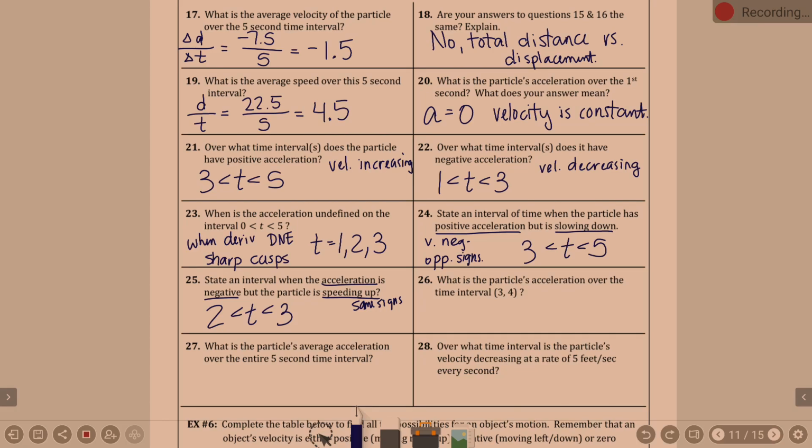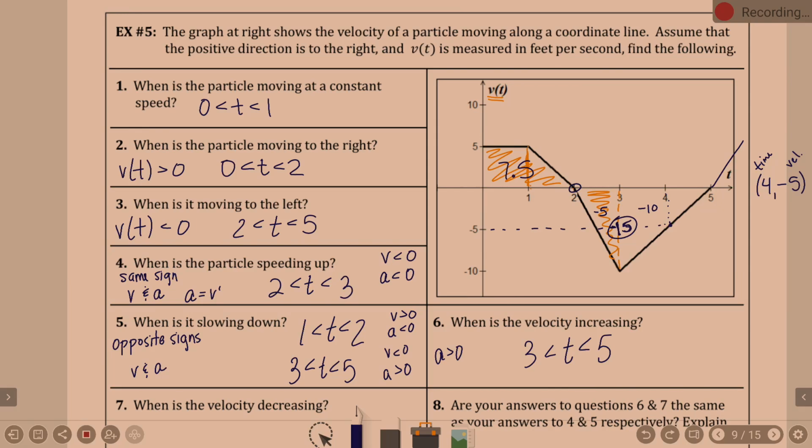What is the particle's acceleration over the time interval 3 to 4? Like positive or negative? We want a number. So 3 to 4, here to here, acceleration. What are we asking here?